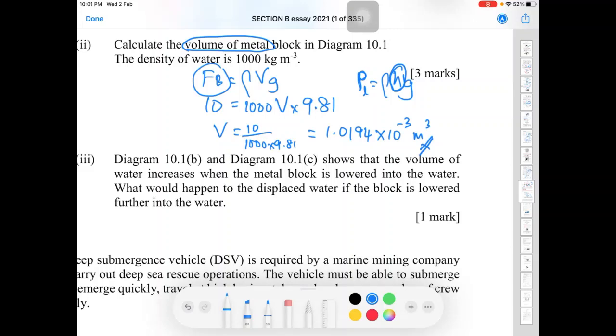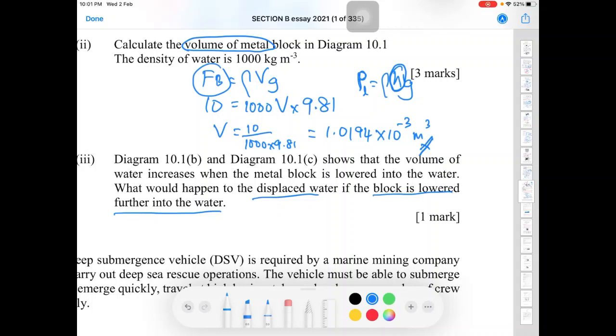Okay, what would happen to the displaced water if the block is lowered further into the water? If it is already submerged, it has already collected the weight. If you submerge it further, will it increase? No, because it will stop. It will not go down any more because the whole block is already immersed in the water.